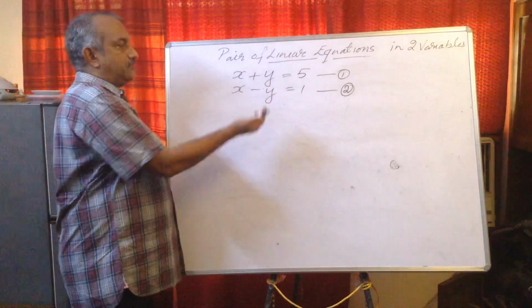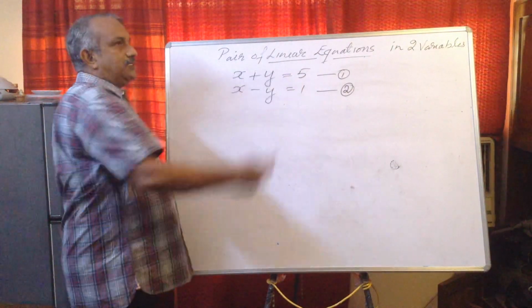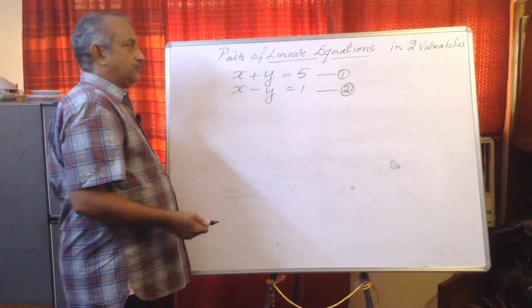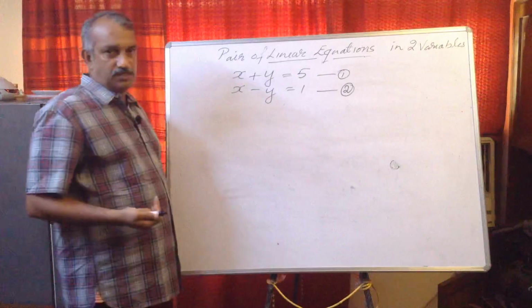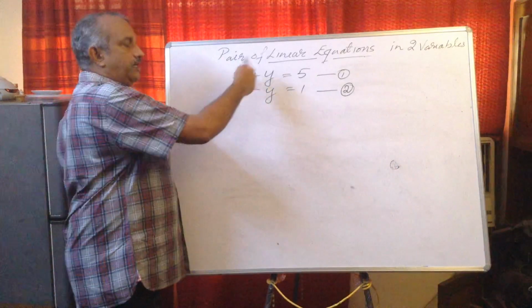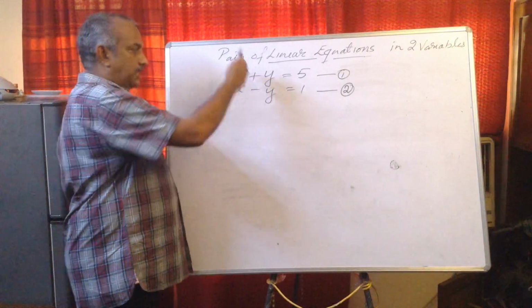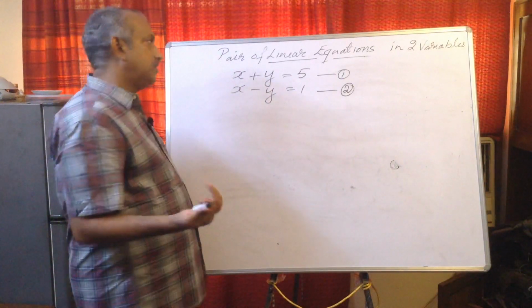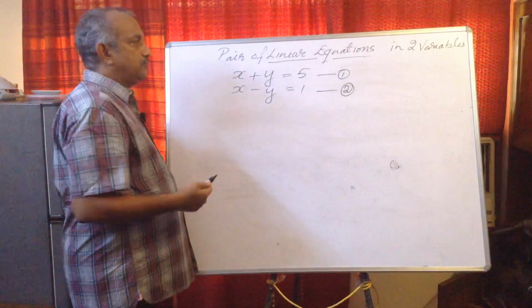Now second case is, suppose one is positive and one is negative. You can eliminate one of the variables by adding also. First make their coefficients the same and add, then they will get cancelled and one variable will be left, and it is a linear equation, you can solve it. So I'm going to use that only.